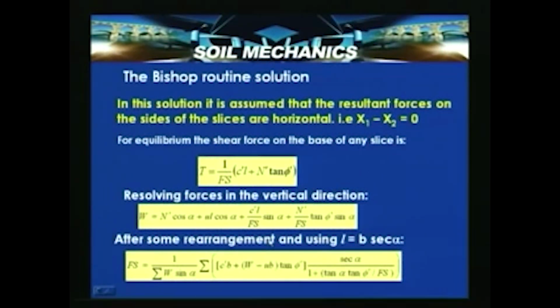The expression for Bishop's routine solution is factor of safety equal to 1 by summation W sin alpha, summation of C dash B plus W minus U B tan phi dash secant alpha, divided by 1 plus tan alpha tan phi dash by factor of safety.